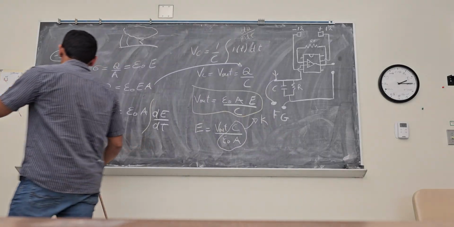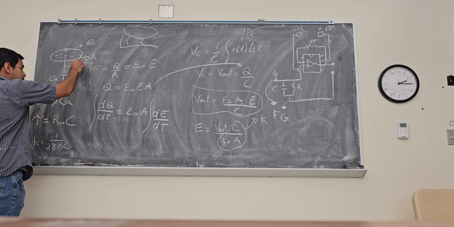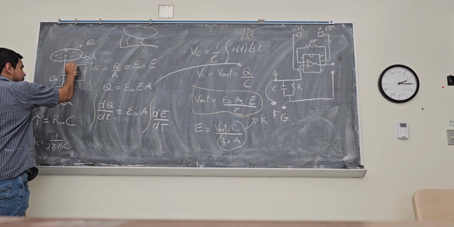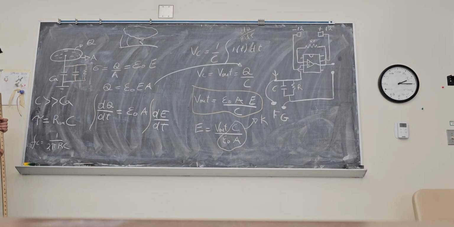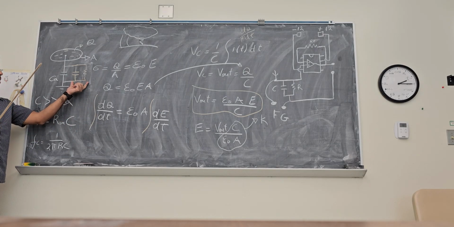When we measure the voltage across my capacitor, every measurement system has an input impedance. So we have to imagine that we have a resistance in parallel here. We must deliver that current to my integrating circuit.